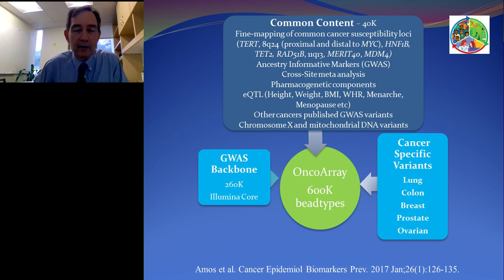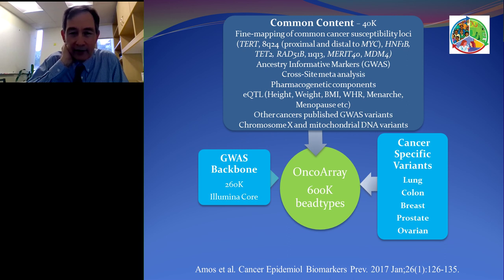So we also have now more recently designed a very large study. And what we did is we brought together all the groups studying common cancers and designed an array that has about 500,000 markers that pass all the quality control steps. And that includes a set of markers that are like roadmaps across the whole genome to identify variability, as well as targets.